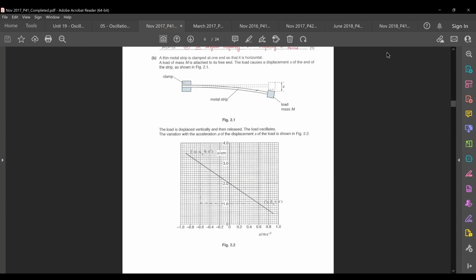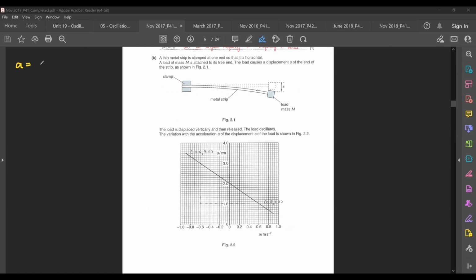If you recall the defining equation for simple harmonic motion, let's just review it a little. We said that a is equal to negative omega squared x, such that if you were to compare with the equation of a straight line, the y-axis would be acceleration, the x-axis would be your displacement, and your gradient would be your negative angular frequency squared.